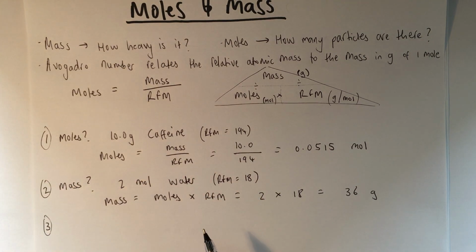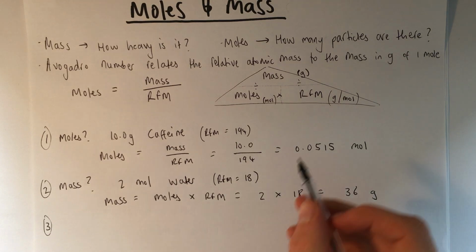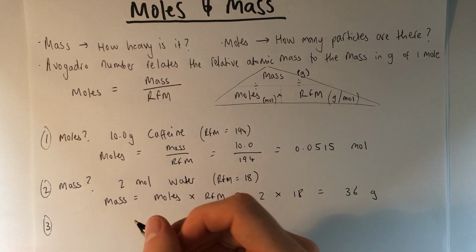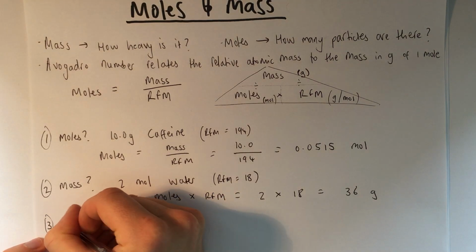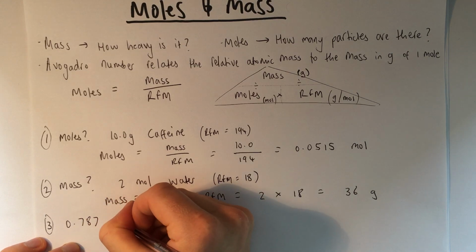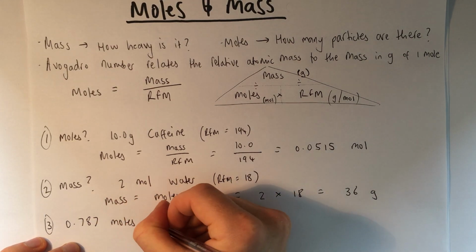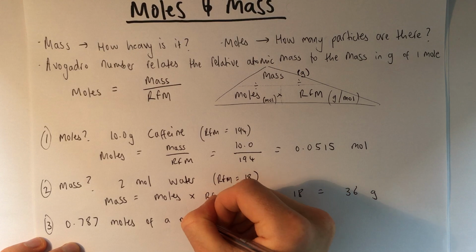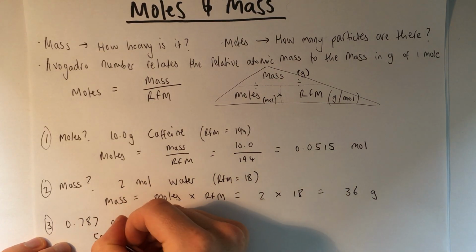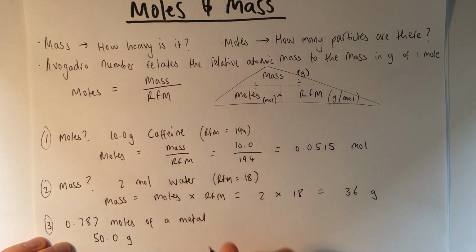Okay. Last kind of question is a little bit outside the box. It's a bit different, a bit unusual, but I could work out the relative formula mass of something to identify what it is. So I could be asked a question where I'm told I've got 0.787 moles of a metal, and I've weighed it and its mass is 50 grams.